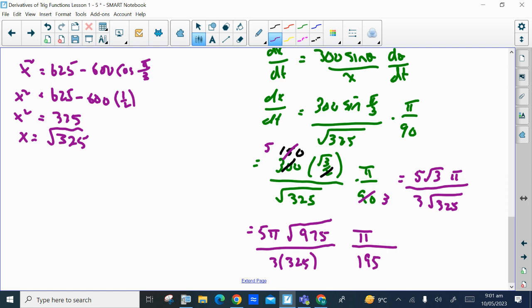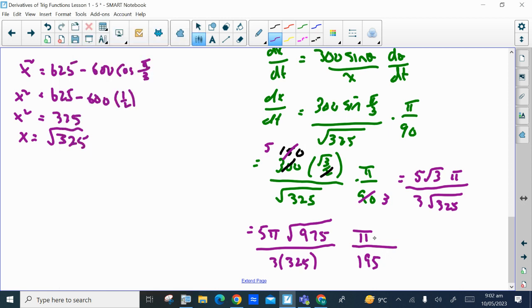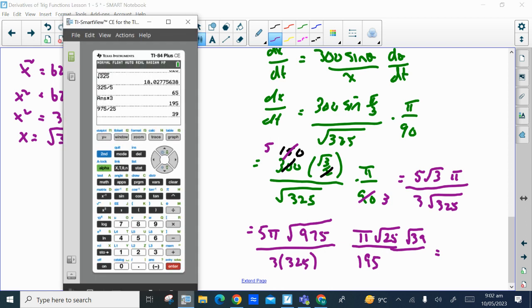We can also reduce the root 975. 975 is divisible by 25, which is a square root. So root 975 would be root 25 root 39. And then the root of 25 is 5, which we can cancel with the 195 below. 195 divided by 5 gives us 39 on the bottom.